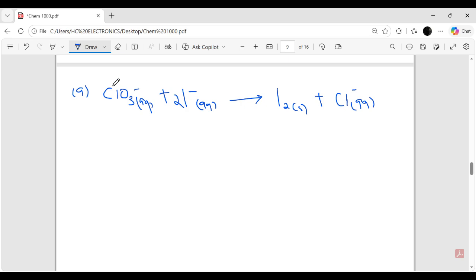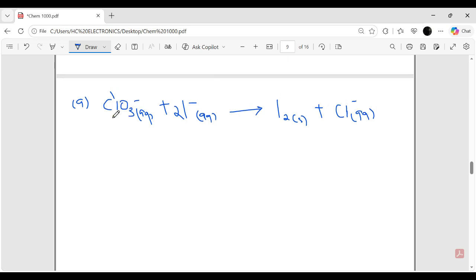Then now when you check here, there is chlorate. This one is ClO3, then it has a minus. When you check the oxidation number here, for chlorine, you know how to calculate the oxidation number. I've shown you in the other question.